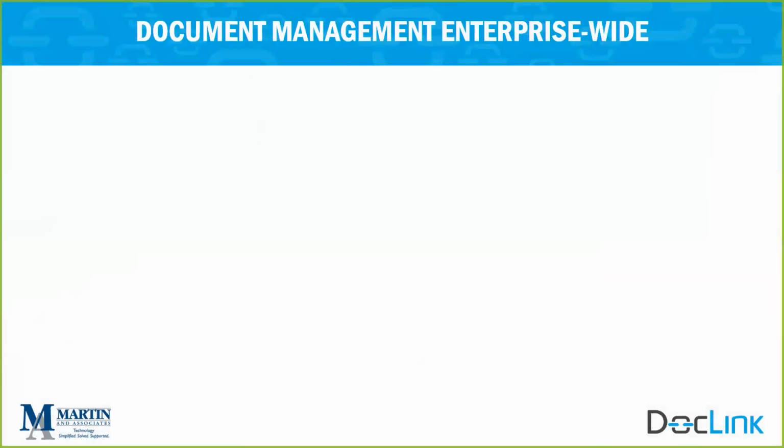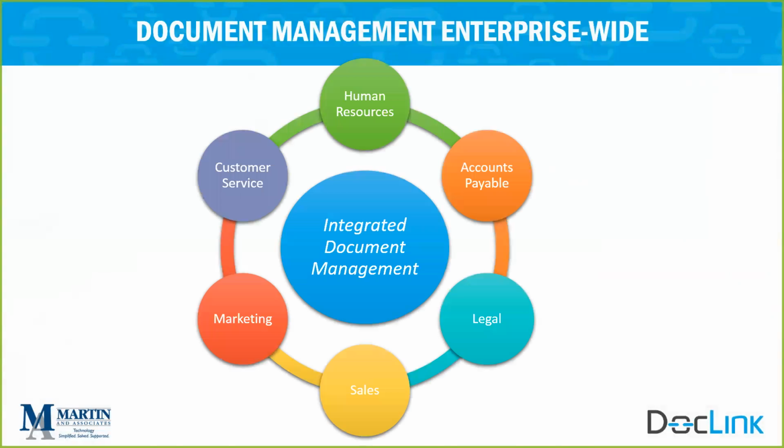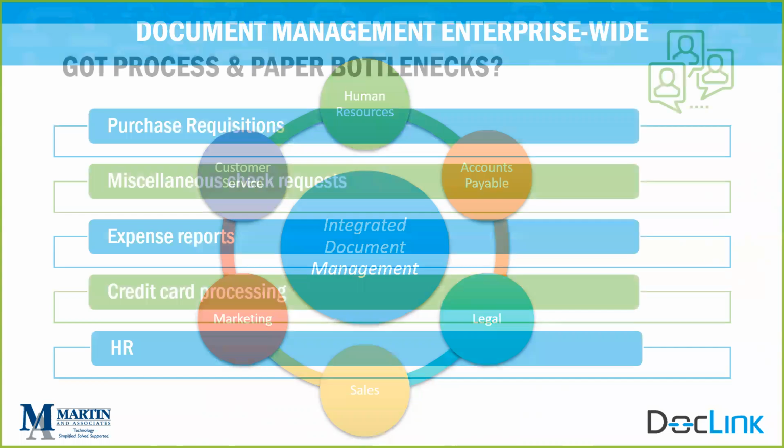All right. So we're thinking about document management enterprise-wide. What's everything that can be made better via document management? It really just solves all AP problems and beyond. Customer service, human resources, legal, sales, marketing. We touched on a few of those components, but yeah, enterprise-wide solution here.